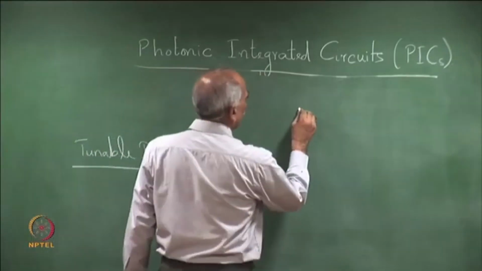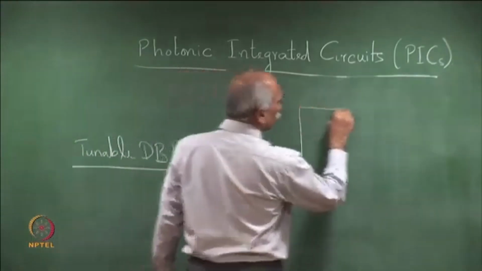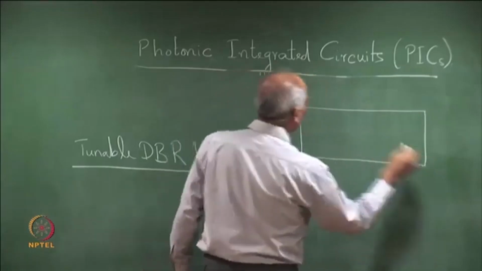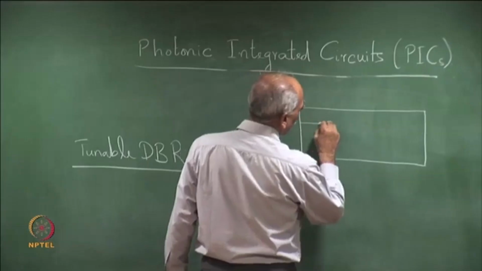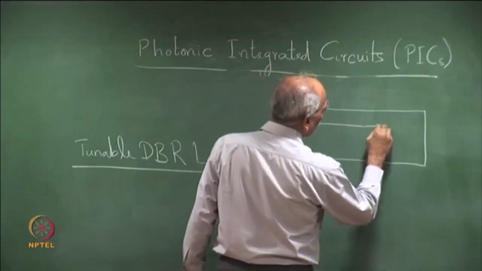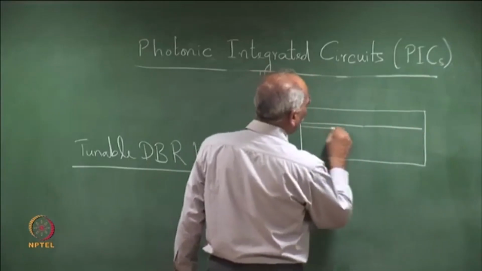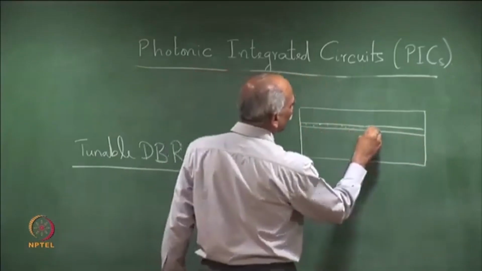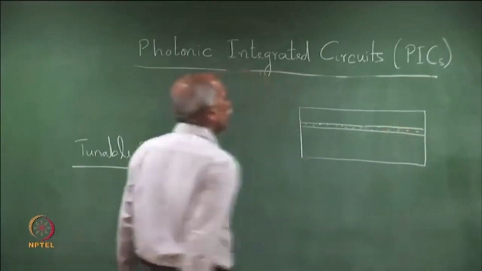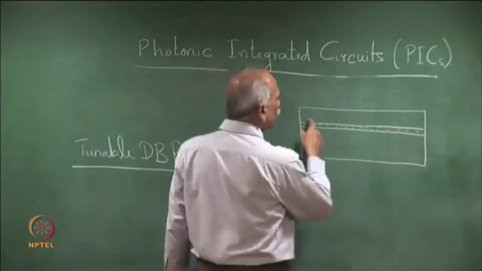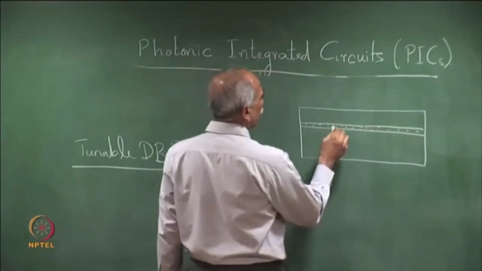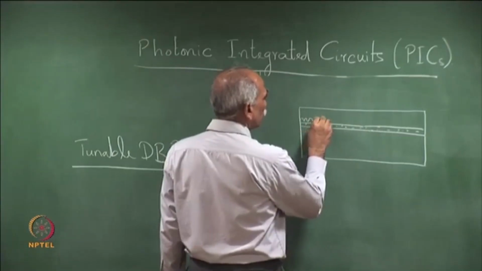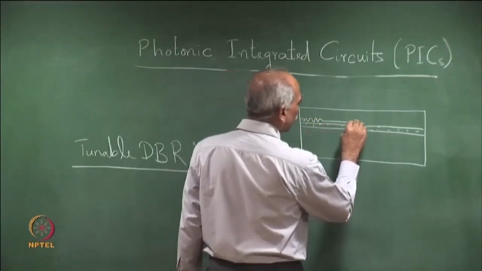Recall that the DBR laser has a double heterostructure, the lasing active region here, and this may have one or two frequency selective elements. What we had discussed earlier was with the two frequency selective gratings at the two ends.